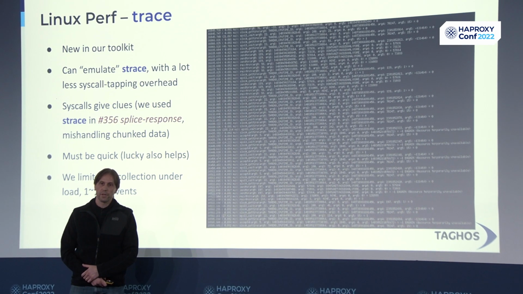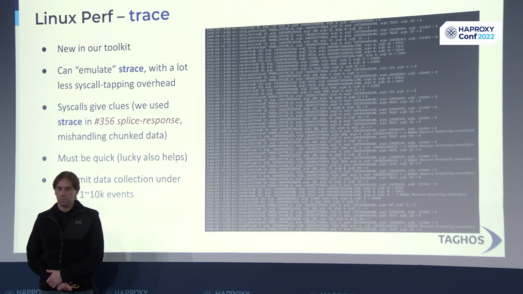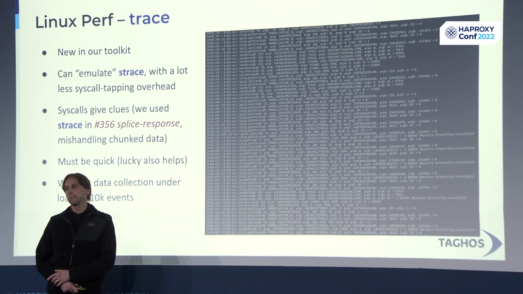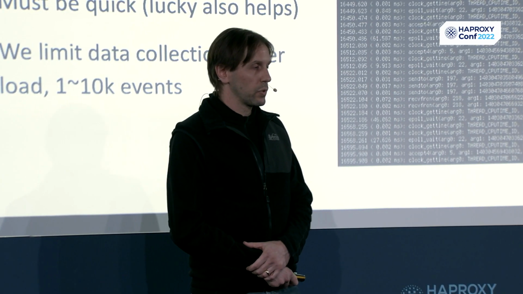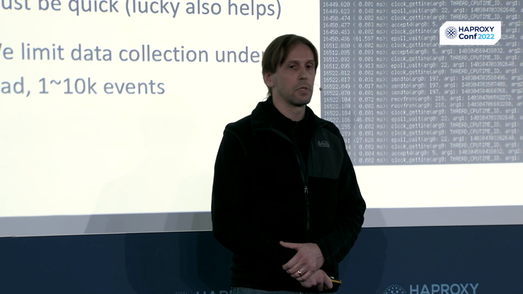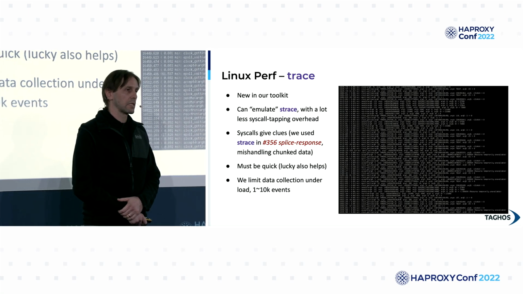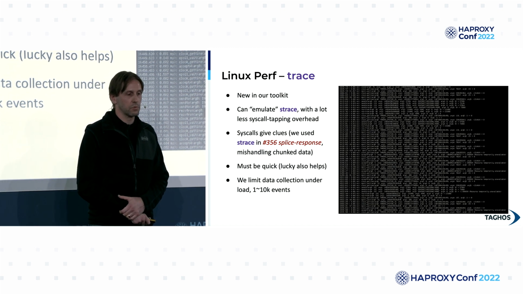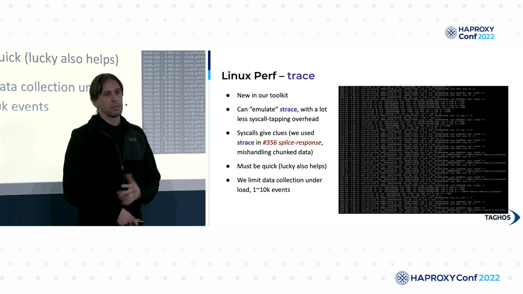So you want to be very quick, and you should be lucky to catch what you are looking for in just a few tries. But we always limit the amount of events that we capture to anywhere between 1,000 and 10,000 events, because you really don't want this kind of tool to keep running straight.